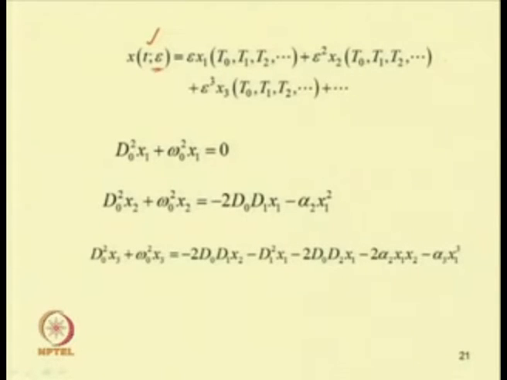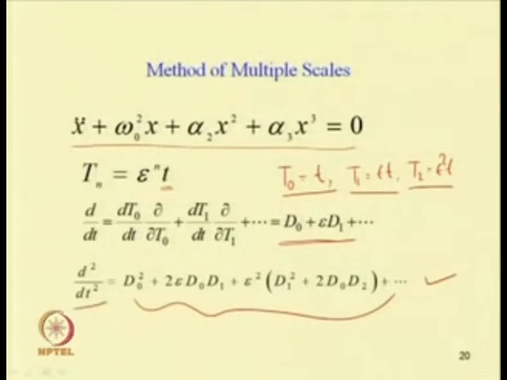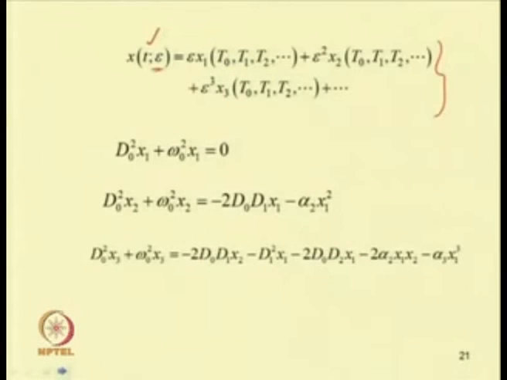Taking these three, x, d square by dt square and d by dt, into the equation, we can separate the terms by order of epsilon. This is order of epsilon 0, this is order of epsilon 1 and this equation is order of epsilon 2. So, separating the equation with epsilon to the power 0.